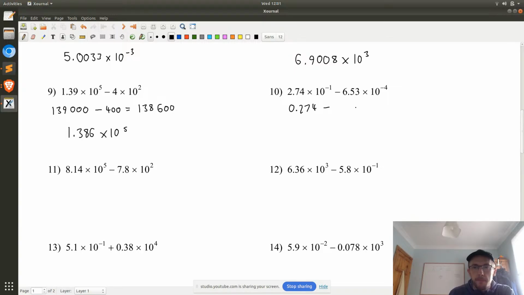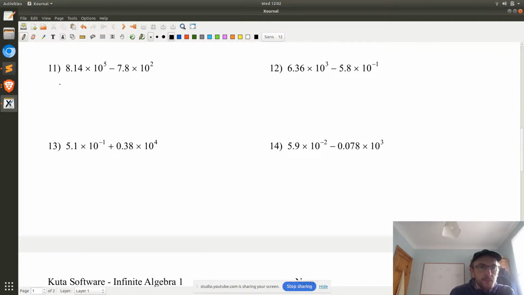0.274 minus 0.000653, which gives 0.273347. So we write 2.73347 times 10 to the minus 1.